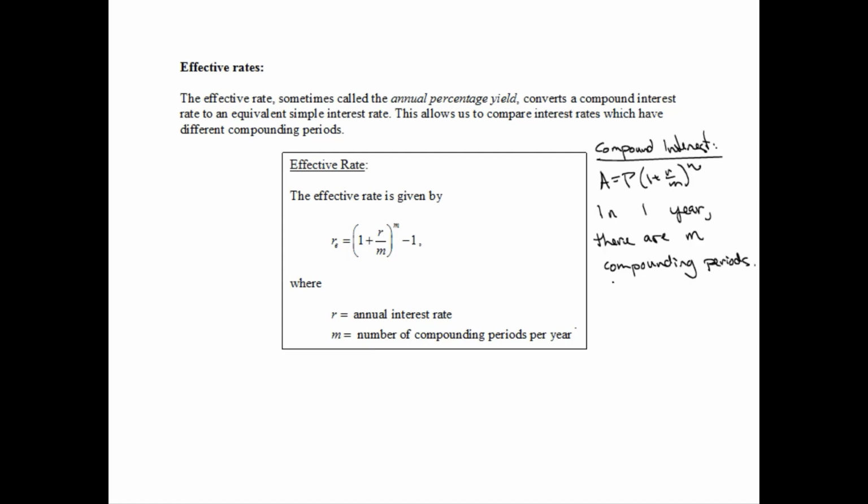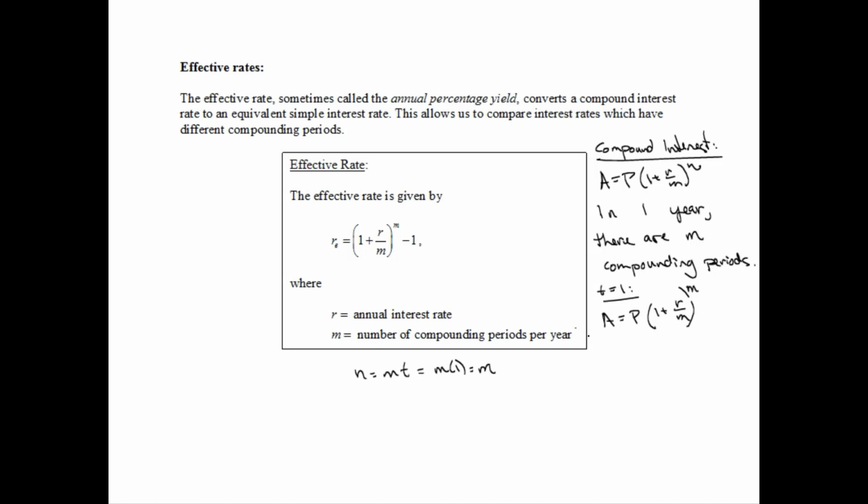So for 1 year, we have A equals P times 1 plus R over M to the M. Sorry, that should say M, which is really the number of compounding periods times the number of years. In our case, if we do it for 1 year, we have M times 1, which is M, and that's what I just put into our exponent.